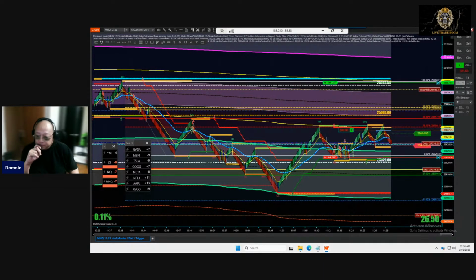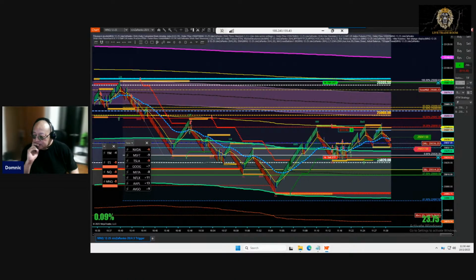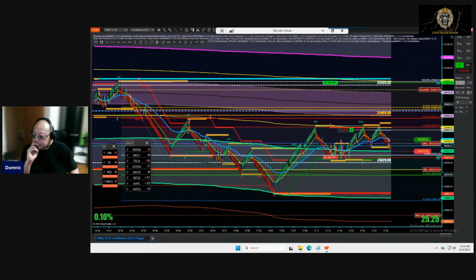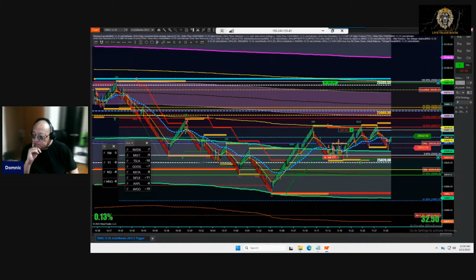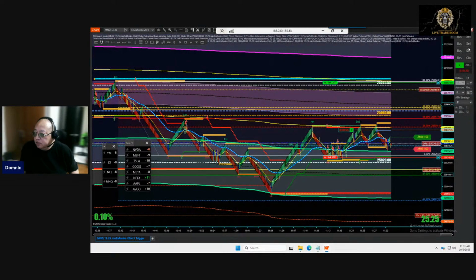What do they want to do here? They bounce off. They want the -1 here. Man, if they do a reversal bar here, you don't know where they'll probably continue coming down. Let's see.